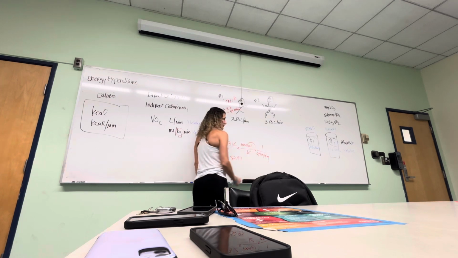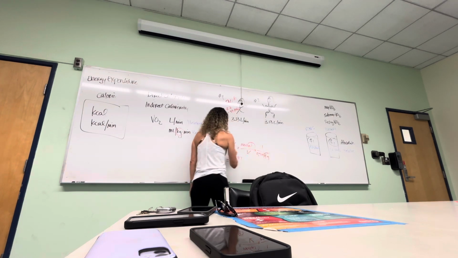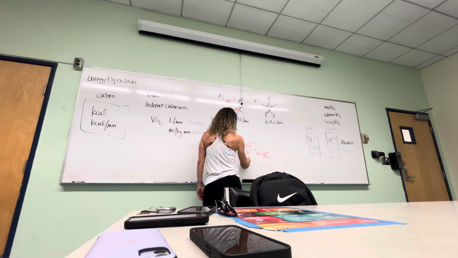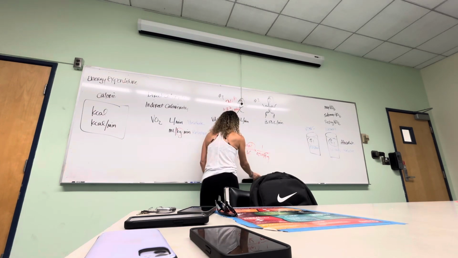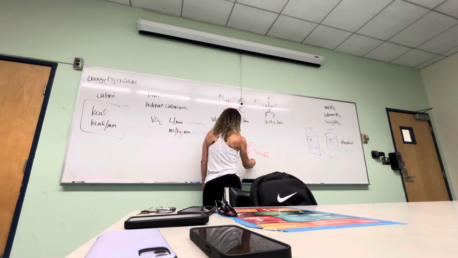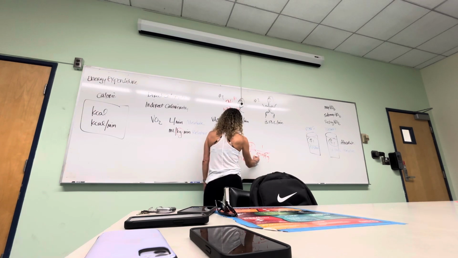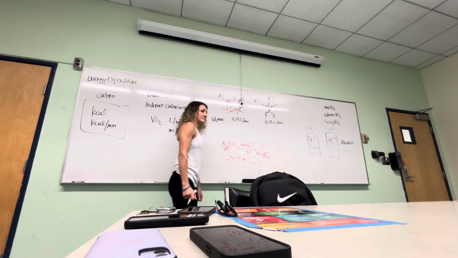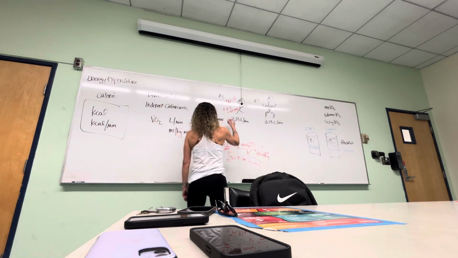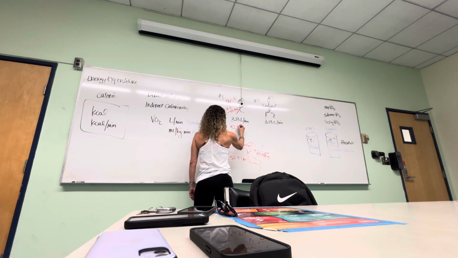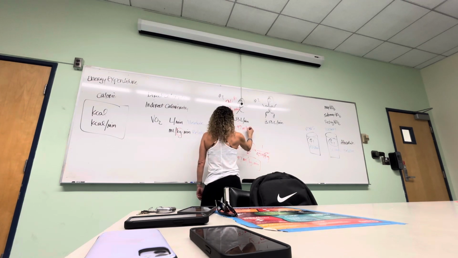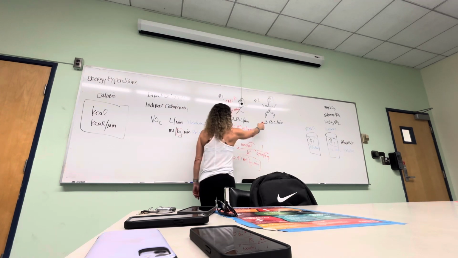I'm left with milliliters on top, kilograms and minutes on the bottom. So you write it like this: milliliters over kilogram minutes. Okay, so person number one's relative VO2 max is 52.97 milliliters per kilogram per minute.